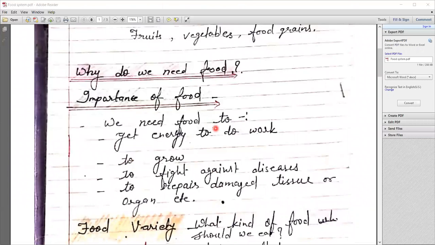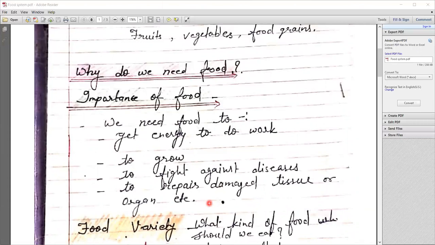The first point: we need food to get energy to do different kinds of work. We need food to grow. We need food to fight against diseases, and we need food to repair damaged tissues or organs.